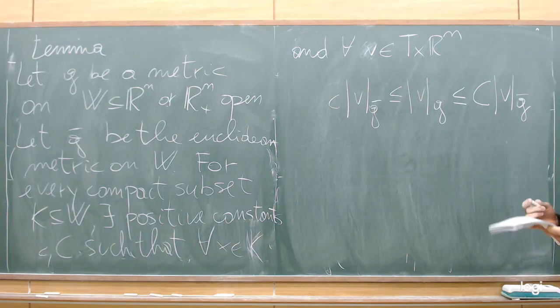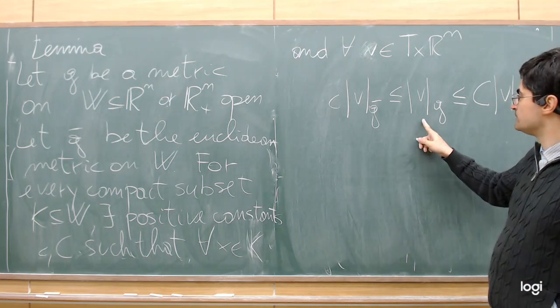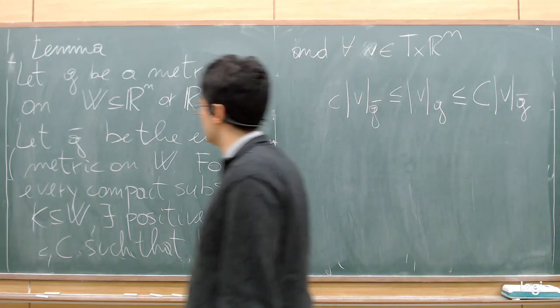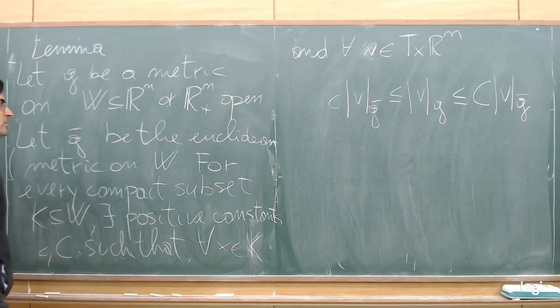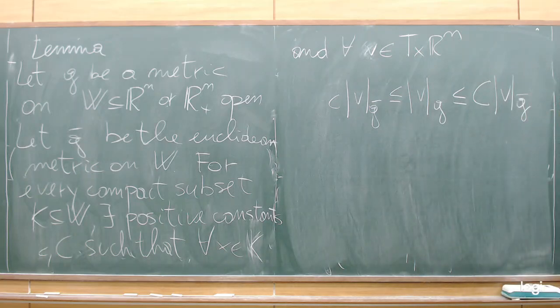Essentially, this lemma gives us an estimate of the length of a generic vector with respect to a metric g in terms of the length of the same vector with respect to the Euclidean metric.